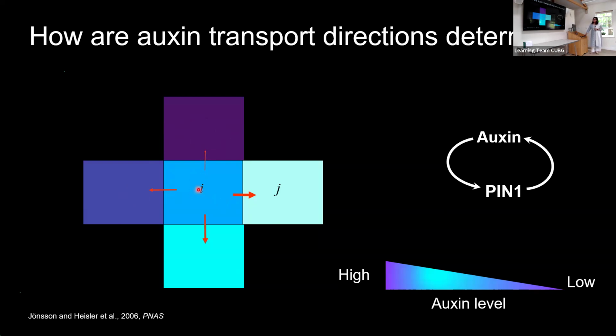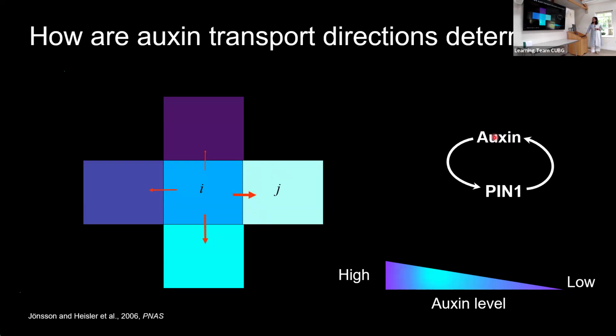There are two cells, cell I, which has 4 neighbors. Among all of its 4 neighbors, this cell I can somehow sense that the neighboring cell J has the highest amount of auxin compared to all my neighbors. And so I decide to orient most of my PIN1, or the transport protein, towards this side of the cell, which is next to cell J.